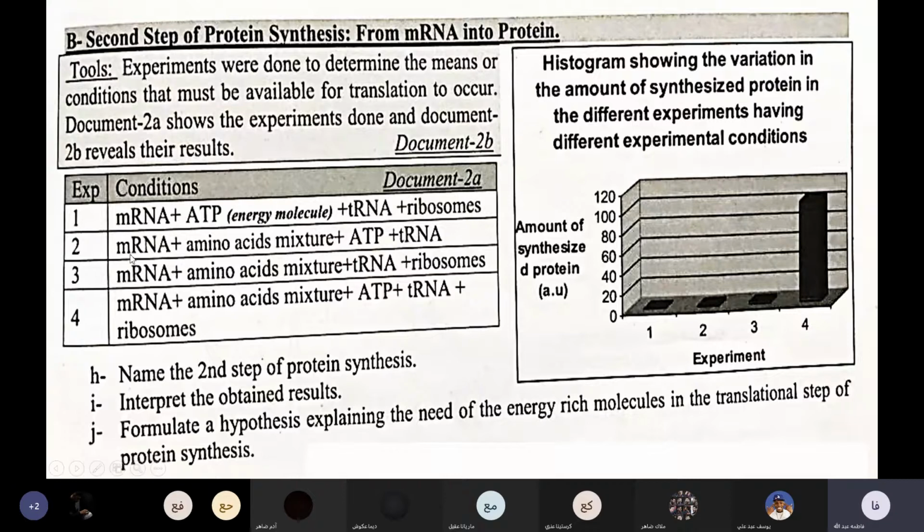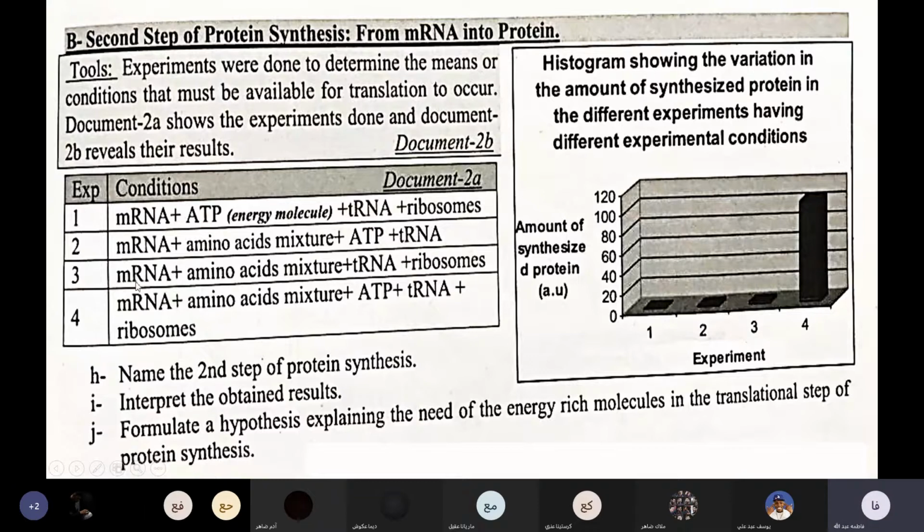To see the amount of protein synthesized: in experiment 1, the amount of protein synthesized is 0, or null. In 2, messenger RNA plus amino acid mixture plus ATP plus transfer RNA, I have 0 synthesized proteins.